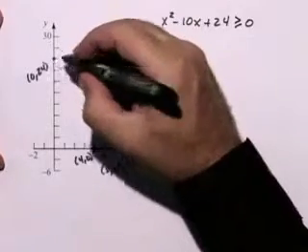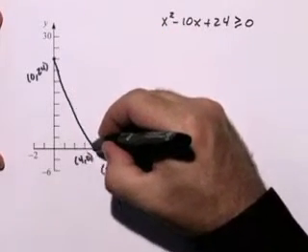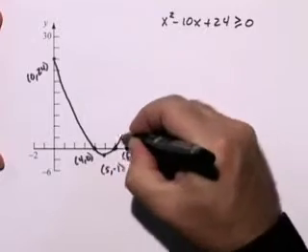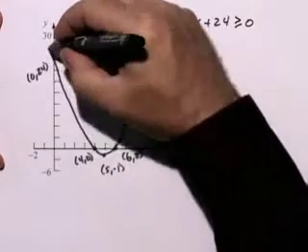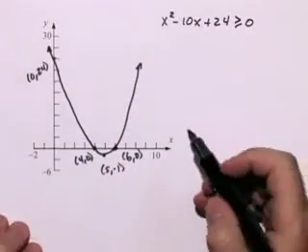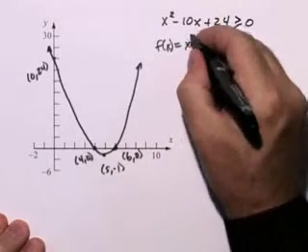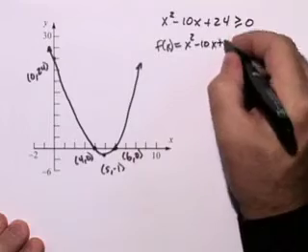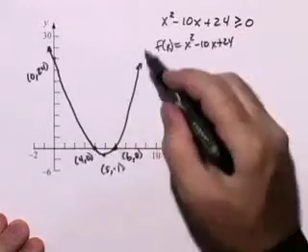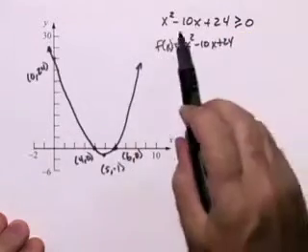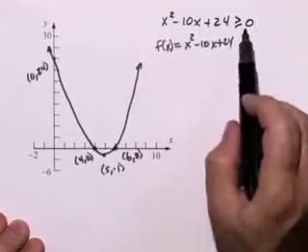Now if we do a quick sketch connecting these points, we see the graph of our function that we had defined as f of x is equal to x squared minus 10x plus 24 will look roughly something like this. We're really looking for where this quantity is greater than or equal to 0.